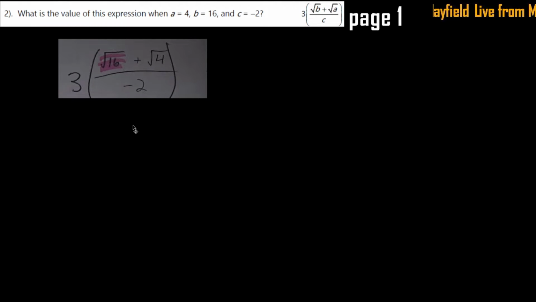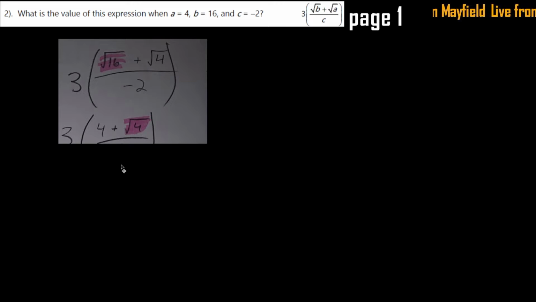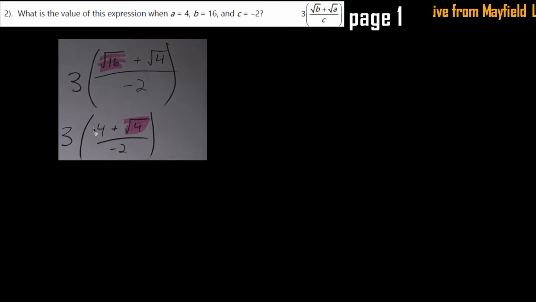And so I'm going to just write the expression, and then I have the square root of 16, which is actually where we work first, since that's in our numerator, and it's the furthest left square root. And so the square root of 16, that's going to be 4. And so then I have the square root of 4, which is going to be 2.